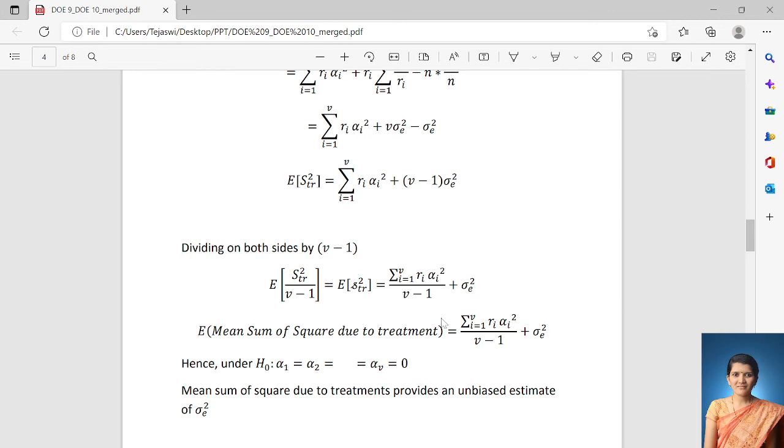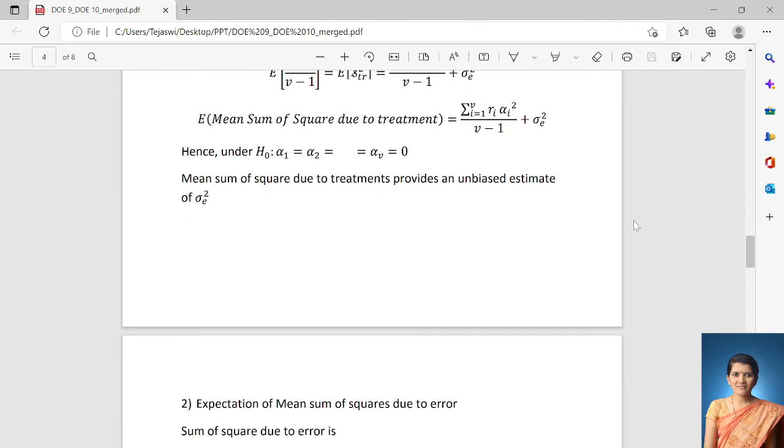But this is not unbiased. This bias quantity is added over here. Hence under H naught, the null hypothesis for the treatment effect, all treatment effects are the same, that is, effect equal to 0. So the mean sum of square due to treatment provides an unbiased estimate of sigma square, because when the alpha values are taken as 0, the summation quantity is converted into 0.